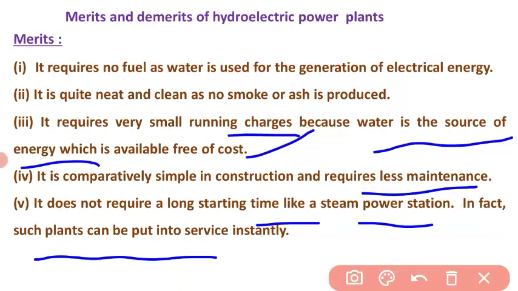But in a hydroelectric power plant, it does not require a long starting time. Instantly we can start, and we can put it into service instantly.